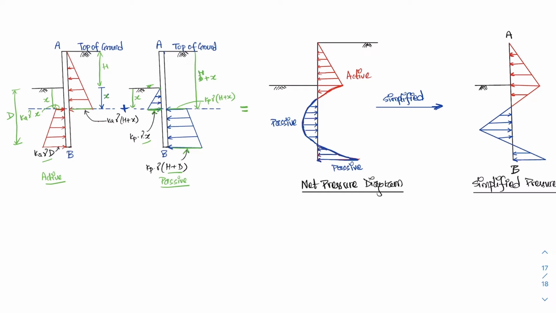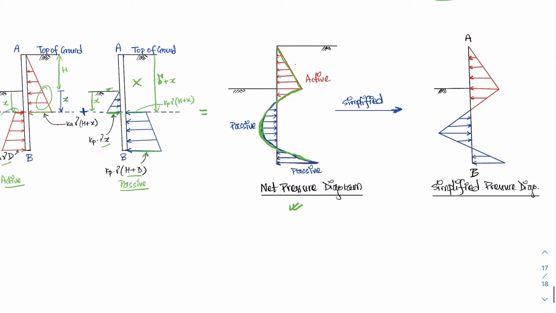Now let's take a look at the net pressure diagram. As you can see in the middle, I have combined both active and passive pressure distributions, and I have come up with this diagram. It's basically the difference of the two pressures, passive and active, at each location along the sheet pile depth. That's all I want to say for now.